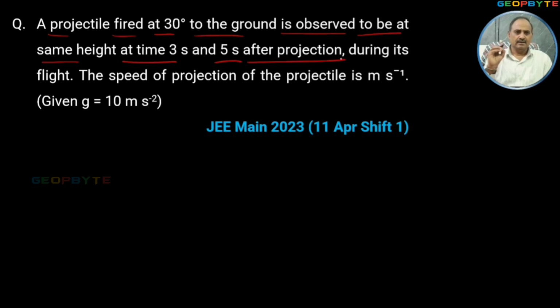It means the projectile is projected at 30 degrees with respect to the horizontal, and the height of the particle is the same at 3 seconds and 5 seconds. During its flight, you are asked to decide what is the speed of projection of the projectile.